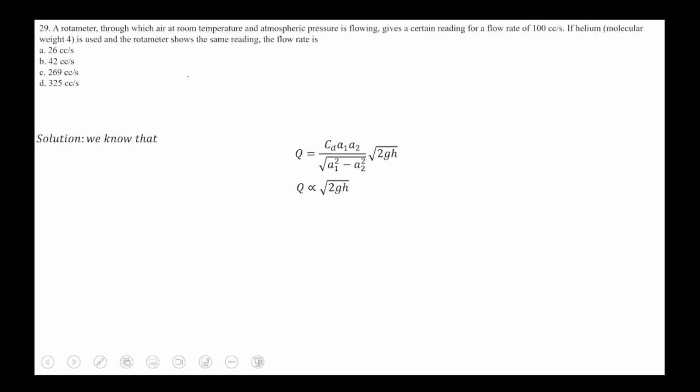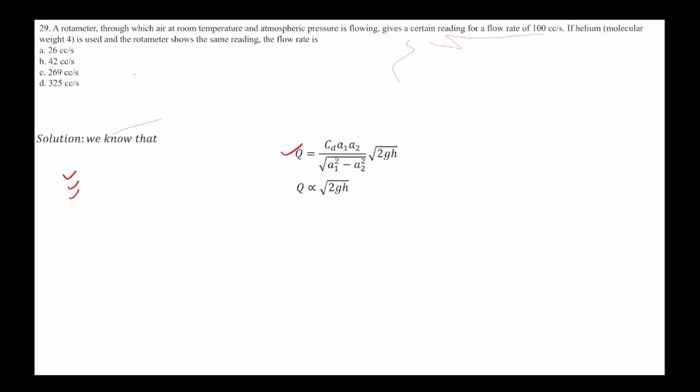Okay. A rotameter through which air at room temperature and atmospheric pressure is flowing gives a certain reading for a flow rate of 100 cc per second. If helium, molecular weight 4, is used and the rotameter shows the same reading, the flow rate is? So the very first thing: venturi meter, orifice meter, pitot tube. These kinds of formulas are applicable.